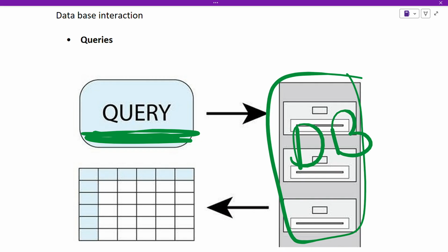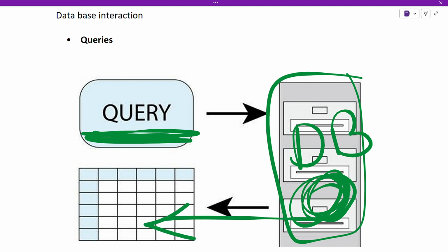So using a query, we are going to ask the database to do certain things, and interpreting what we have asked, the database is going to process it, and after processing, when it is ready with the result, it is going to present it back to us in the form of a table, of course. So a query is the way we interact with the database.